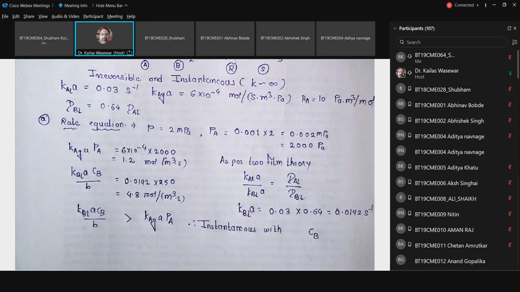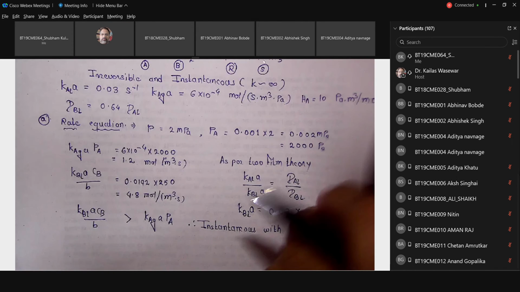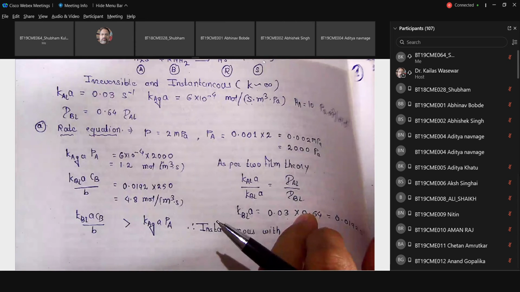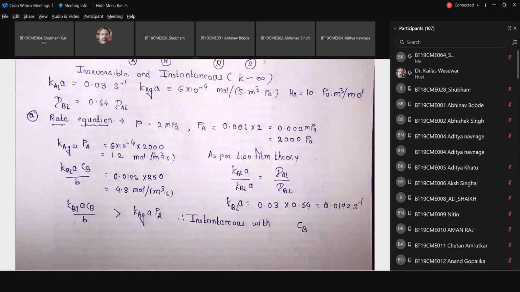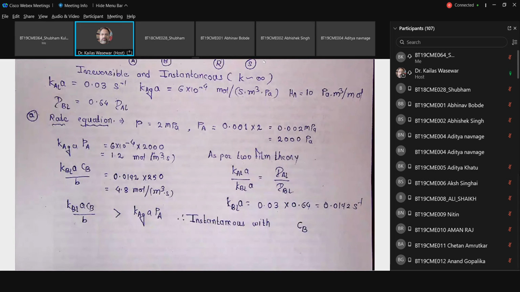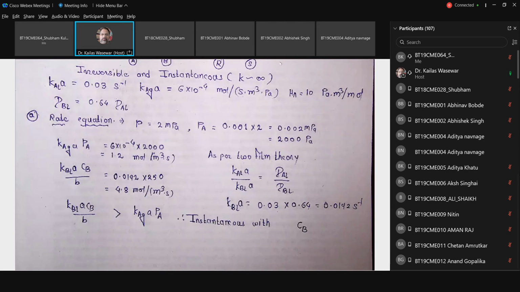Anyone can put it on chat box. High CB or low CB. Look at that. Where is the high CB, low CB? Yes, someone has put it. Very good. It is high CB.